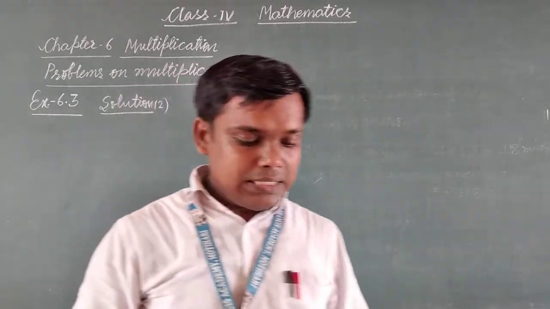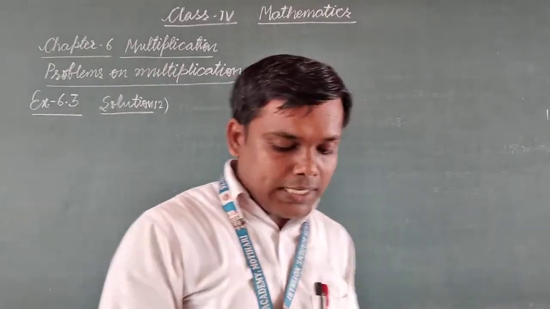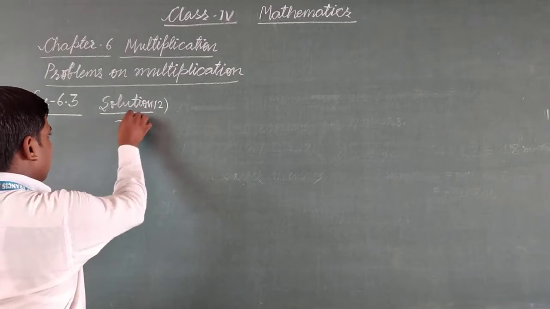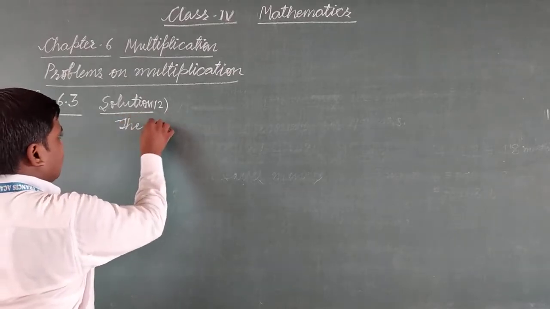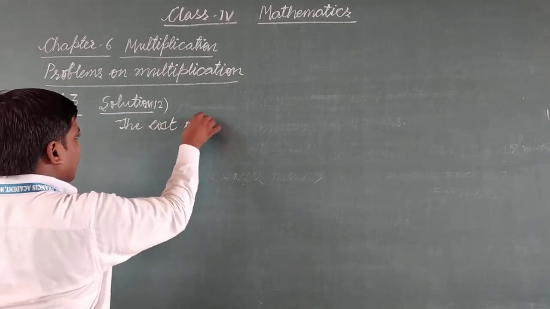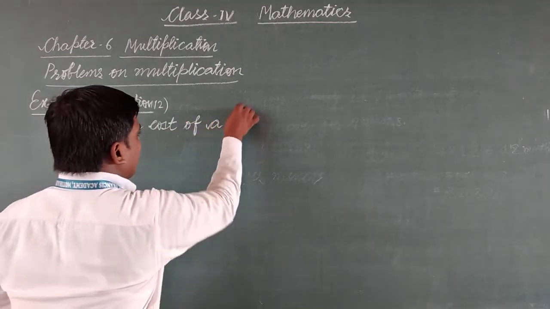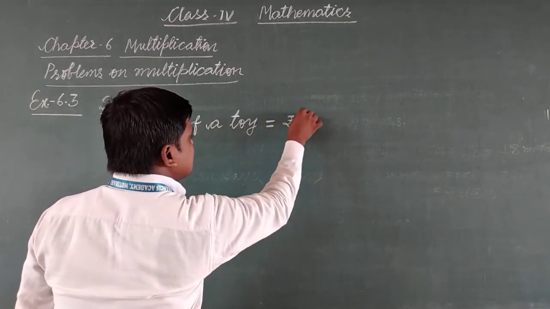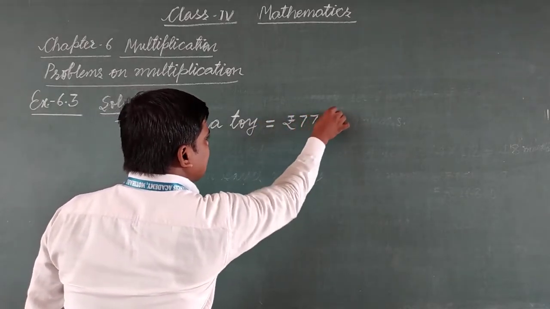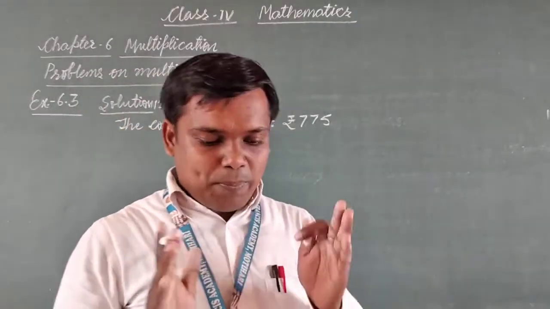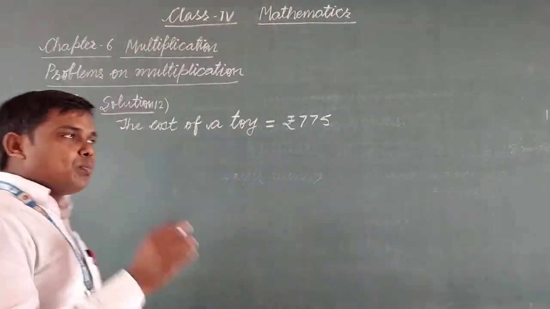We will write like this. The cost of a toy is equal to rupees 775.